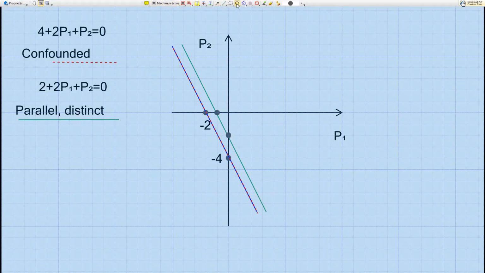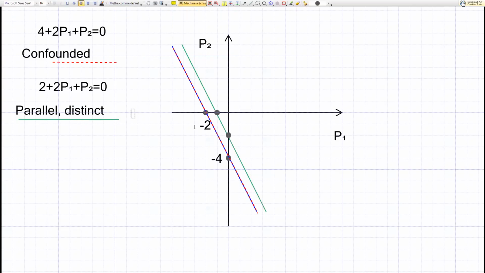I'm just going to add a bit more stuff in my graph. So here I have -1. Yeah, not the prettiest, sorry. But you can guess what's going on.